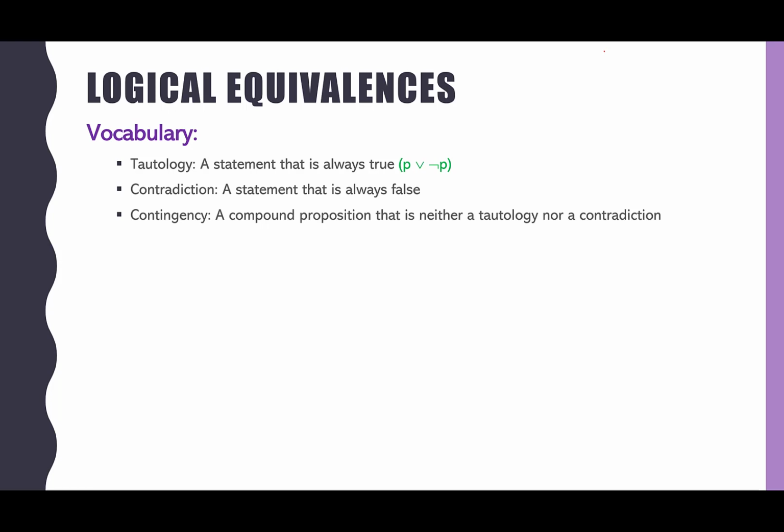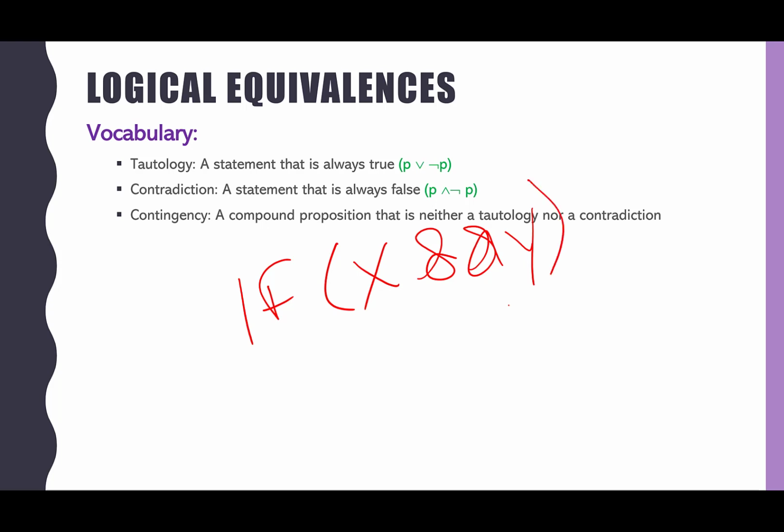What about the contradiction? What's an example of that? P and not P. Because it's impossible to have both. Think about it from a code perspective: if X and Y, in order for the code to run, what must be the case?